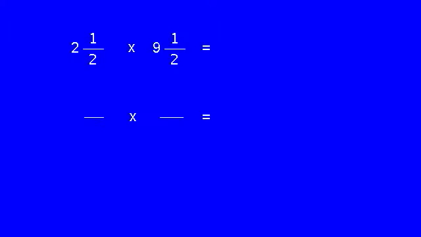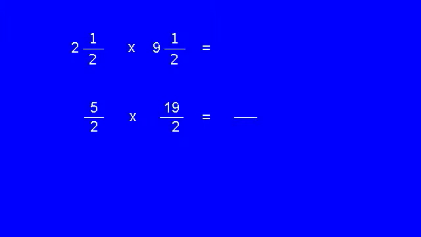Let's try an example. So for the first fraction, to make it improper, denominator is 2. 2 times 2 is 4, and 1 is 5. For the second fraction, the denominator is 2. 2 times 9 is 18, and 1 is 19.